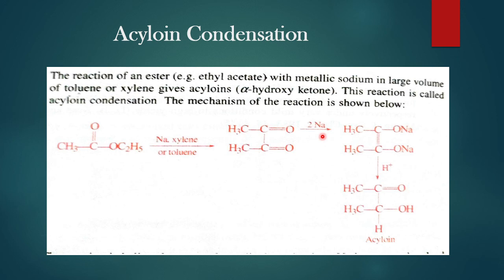In the presence of metallic sodium, this will form an alpha hydroxy ketone. This is an ester, and these esters are converted to alpha hydroxy ketone. This is a ketone, and this is the alpha hydroxy ketone, which is called an acyloin. This reaction is called acyloin condensation.